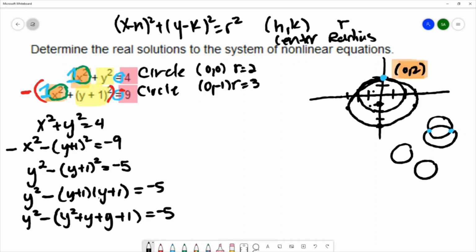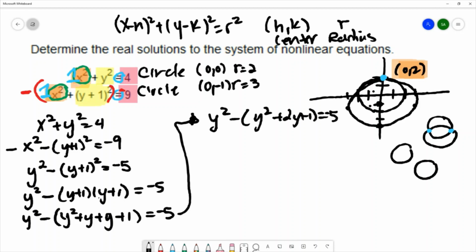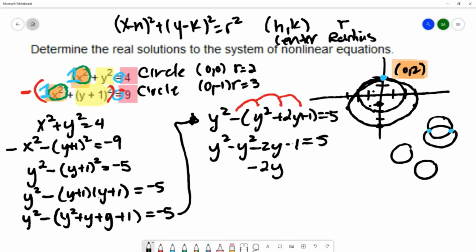So I have y squared minus y squared minus 2y minus 1 equals negative 5. The y squareds cancel each other out, leaving me with negative 2y minus 1 equals negative 5.